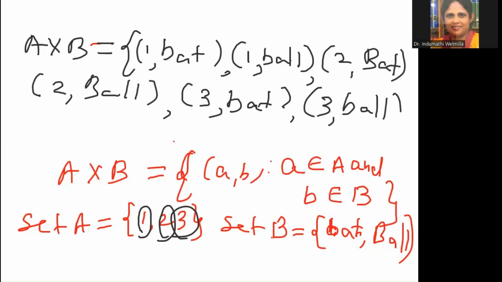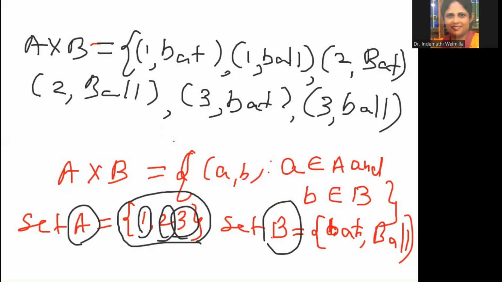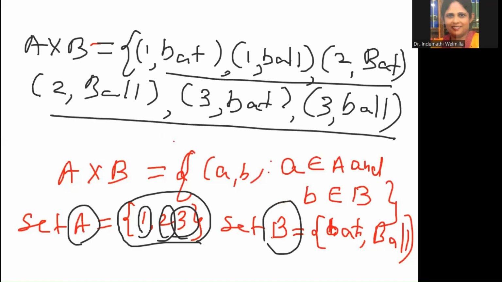So if set A's elements are 1, 2, and 3, and set B's elements are bat and ball, then A multiplied by B equals this. That is the Cartesian product of sets.